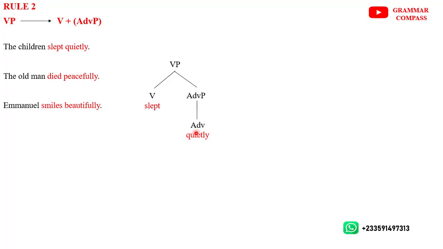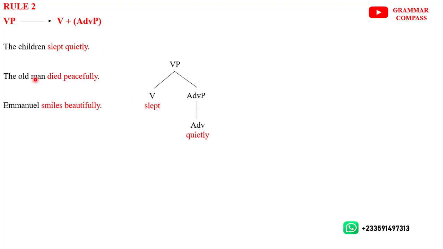Now that we've been able to account for the first part, slept quietly, can you try the second part, died peacefully? You can pause this video and then try to represent died peacefully using the tree as we did for slept quietly. This is how the tree will look.